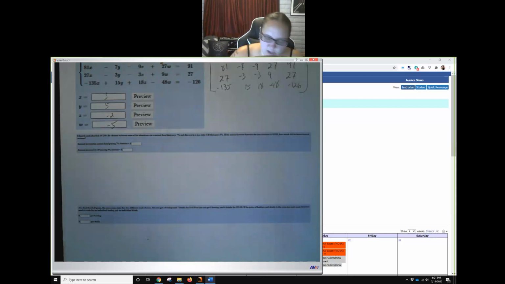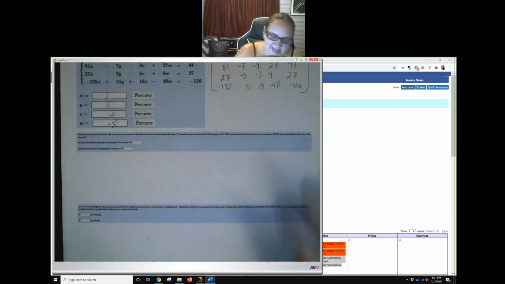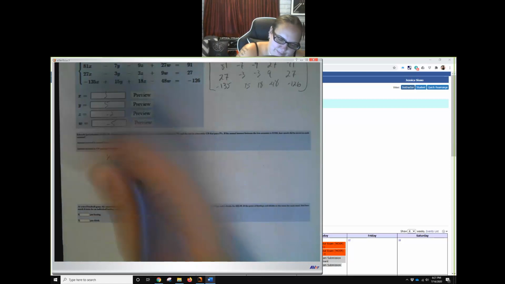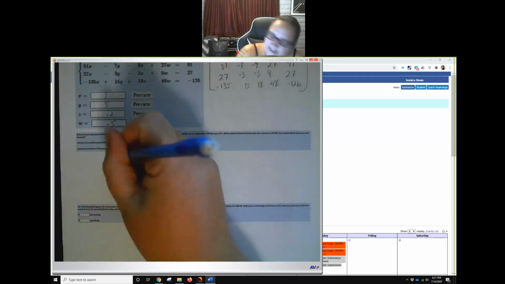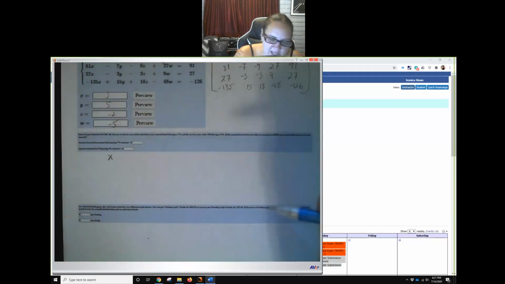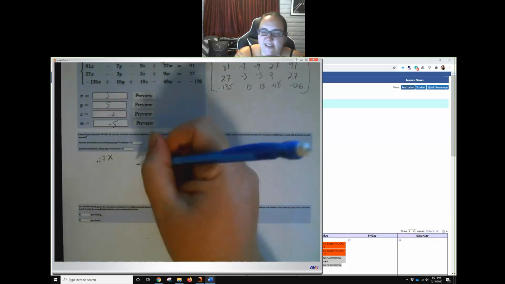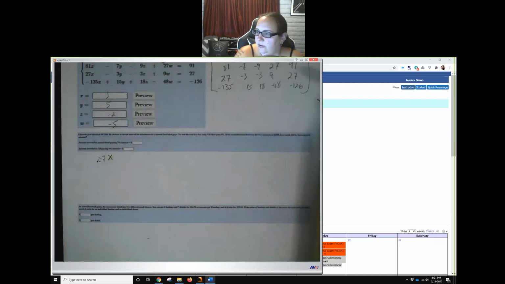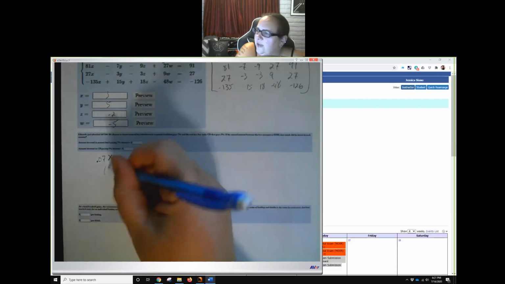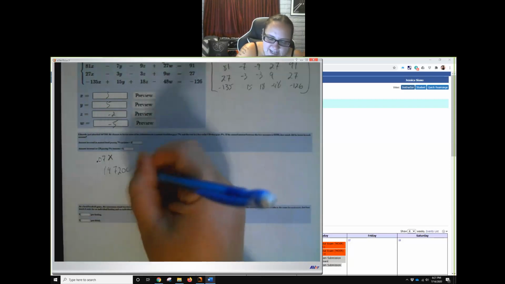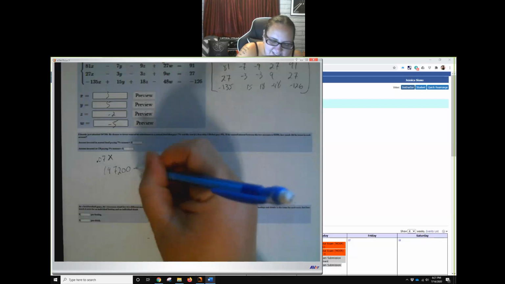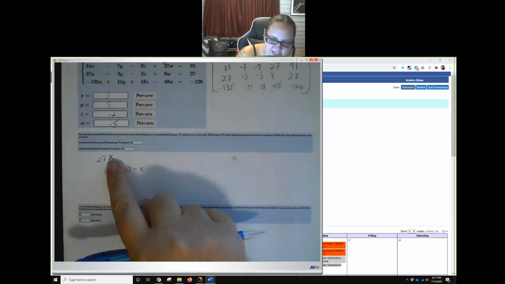Okay. So we can say that he invested X at 7%. So then 7% of X would be his interest on that account. And so then he invested the rest at 5%. Well, the rest would be $47,200, his initial investment, minus what he put in the first account.